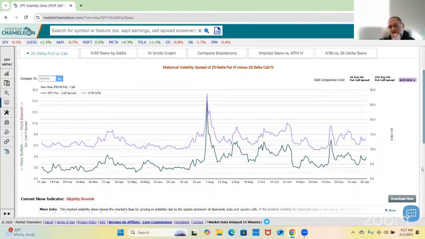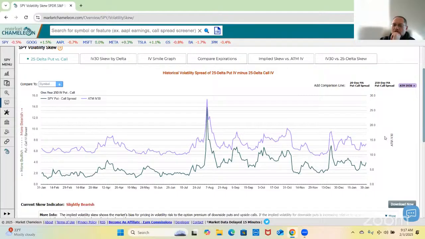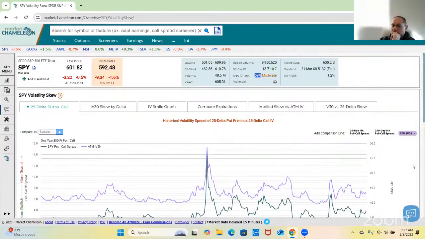This lets us see from a historical perspective what they look like relative to each other and how far apart these are. You could see here that right now we're in the wider part of it, and the implied volatility is at the 69th percentile.